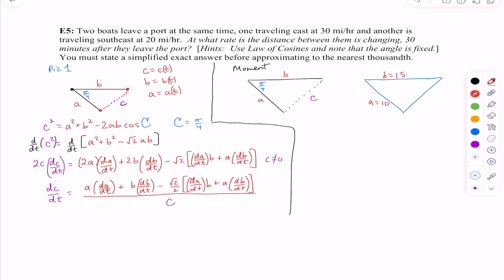Could we get C? And the answer is yes. We definitely can get C because we know the included angle between A and B is pi over 4 radians.